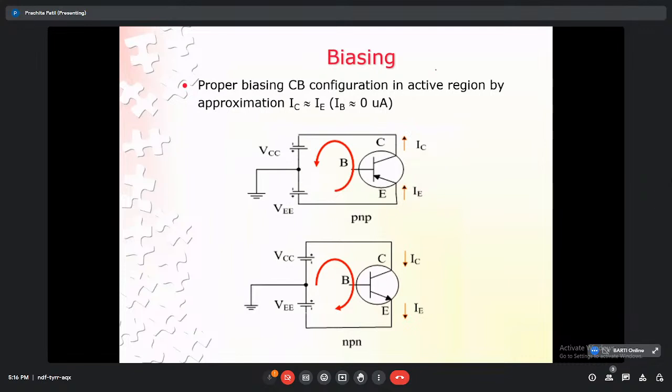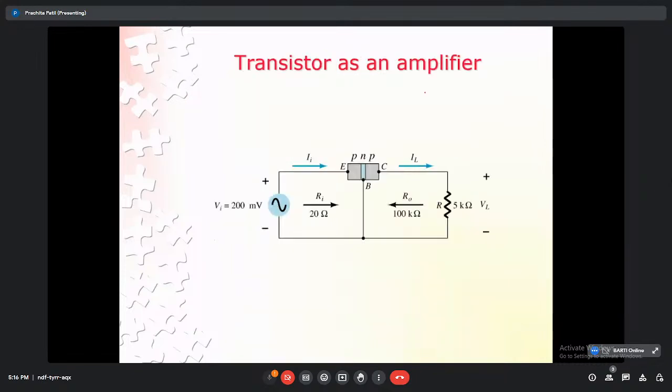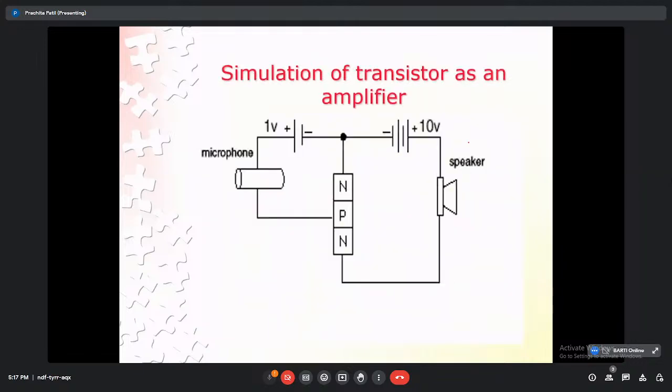In that way, we can see the transistor as an amplifier, and how it can be used for the process of amplification of the signal. Here we can see how the biasing is done and how we move ahead. We use various applications like a speaker, where if we have a huge number of audience, we use the loudspeaker.